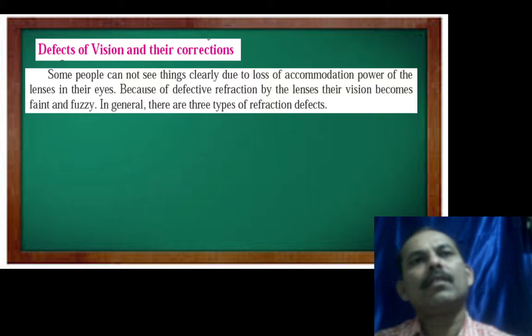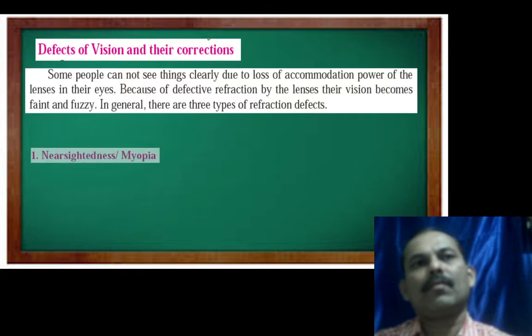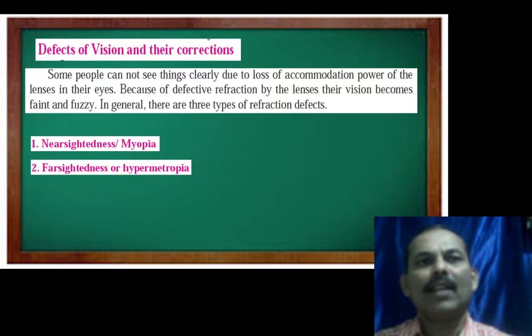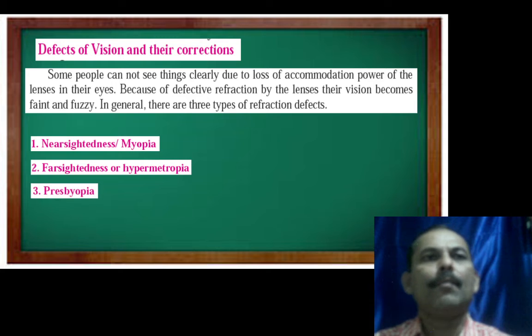In general, there are three types of refraction defects. One is nearsightedness, that is myopia, then farsightedness, also known as hypermetropia, and presbyopia.